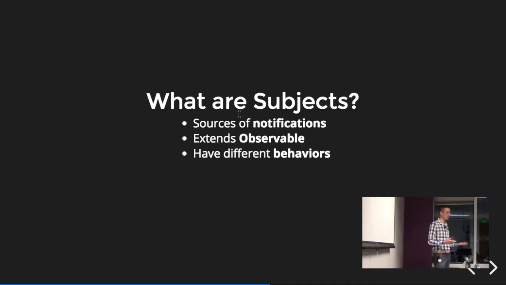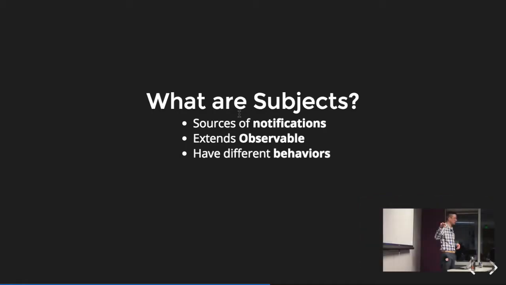Observable doesn't really have a method for that, right? It's got subscribe, now it's got pipe, it's got a couple other methods in there, but there's no way to say, hey, observable, here's another value, right? And that's where subjects come into play. We'll look at a bunch of the different subjects that RxJS provides. But basically, a subject is an observable that has a couple more methods like next, right? So I can have an observable, and I can just next values into that observable stream.